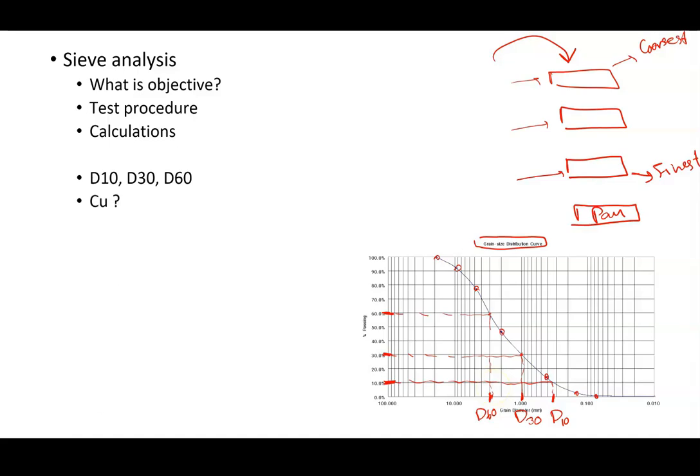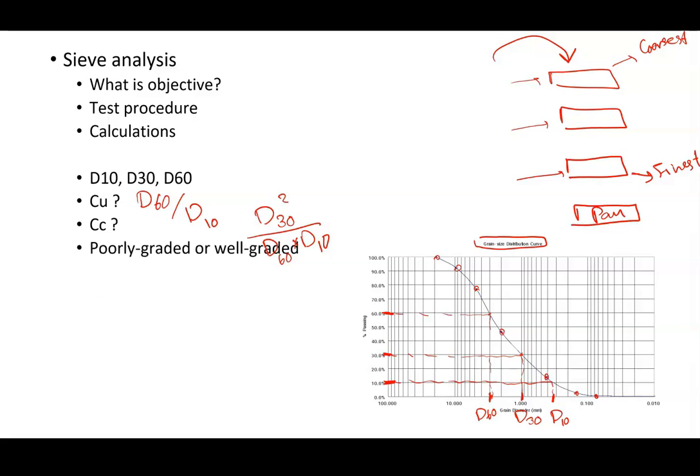Then calculate coefficient of uniformity, which is equal to D60 divided by D10. Calculate coefficient of curvature, which is D30 to the power of 2 divided by D60 times D10.